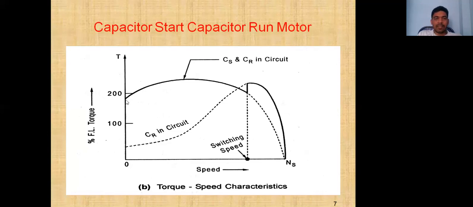Here the starting torque is around 180 to 200% of full load. Then the speed picks up to 80% of rated speed. Then the starting capacitor is removed from the circuit, and only the running capacitor is present in the circuit. These are the characteristics of the capacitor start capacitor run motor.